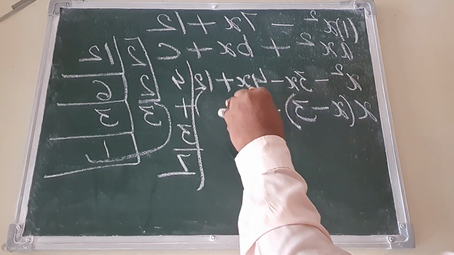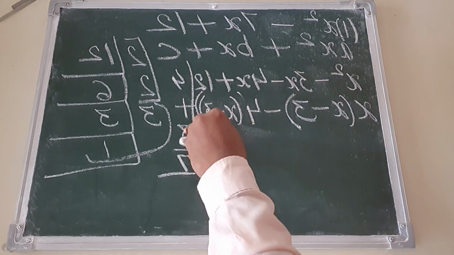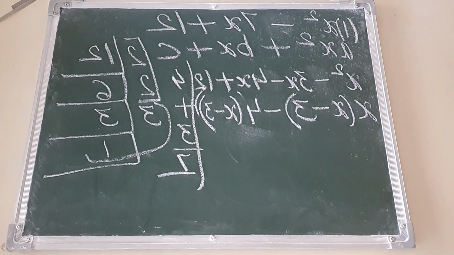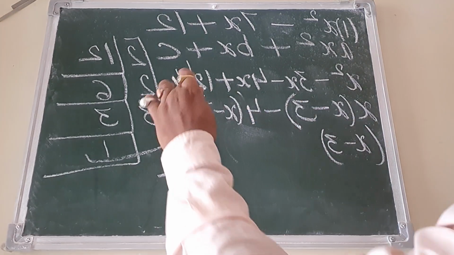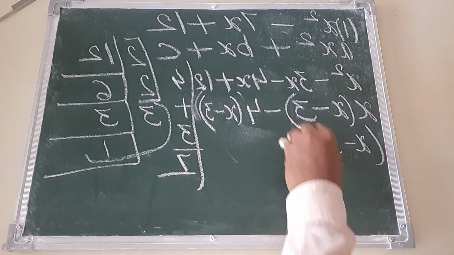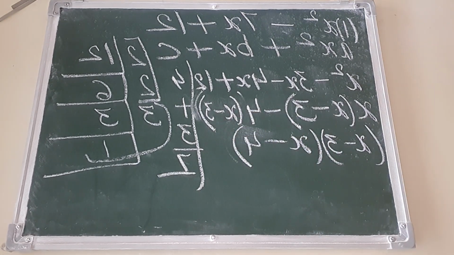Taking minus 4 common from the last two terms, it becomes x minus 3. So taking x minus 3 common from the two terms, it becomes x minus 3 and the remaining is x minus 4. So this is our answer. These are our factors. So I think you all might have understood this question.